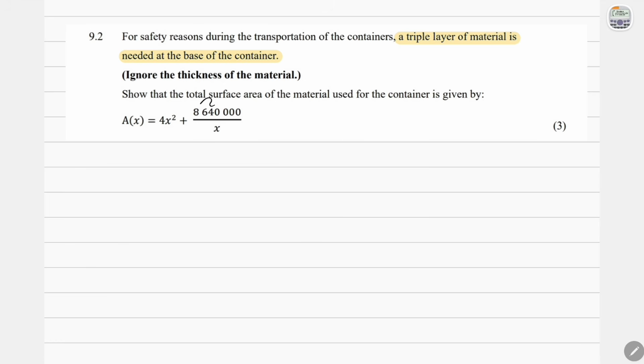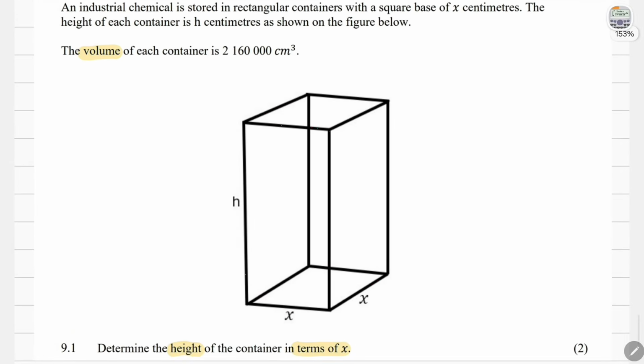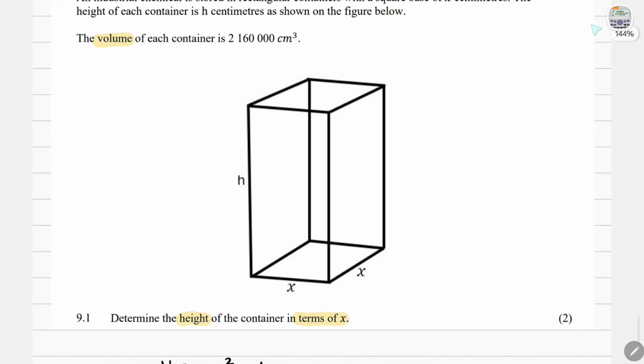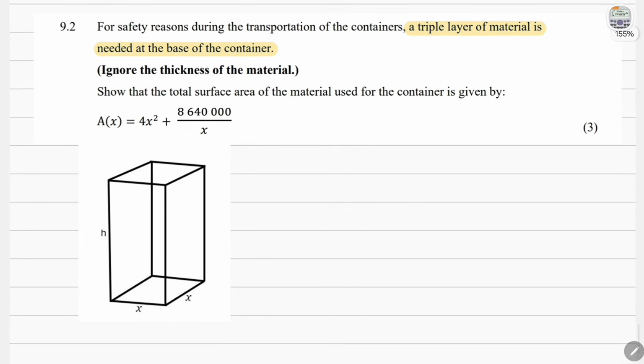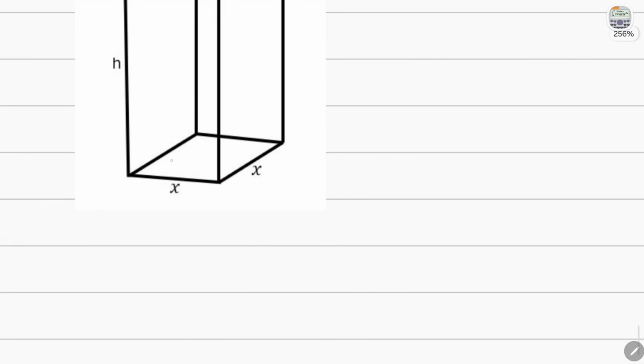And they want us to show that the total surface area of the material used for the container is given by this. Okay, so let's just take this image quick and then see what this will look like. Okay, so this is our container, and all they're saying is they're going to add a triple layer of material, okay, at the base. So this is what the base would have looked like.